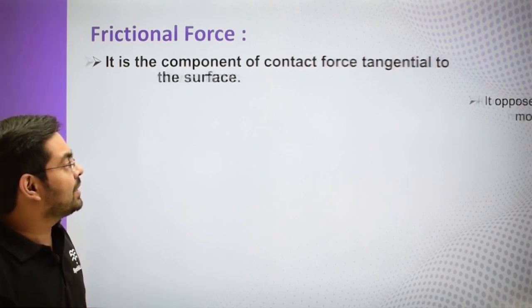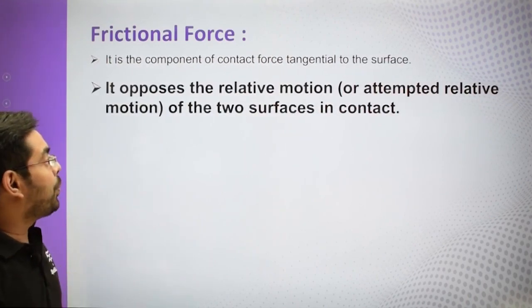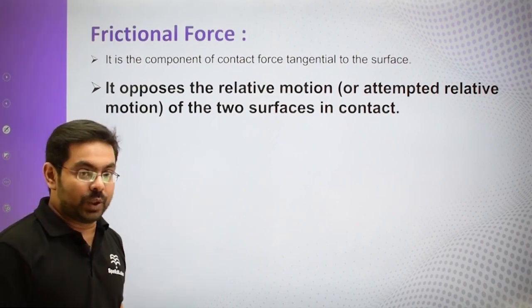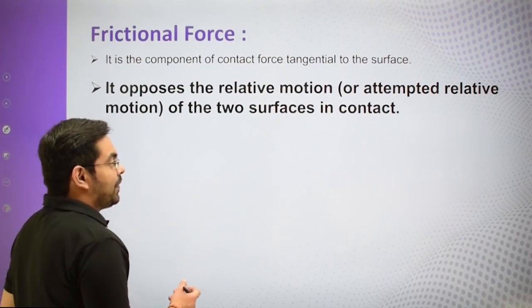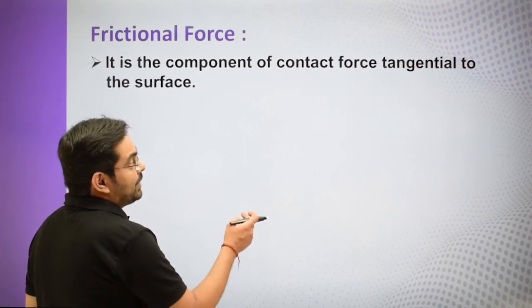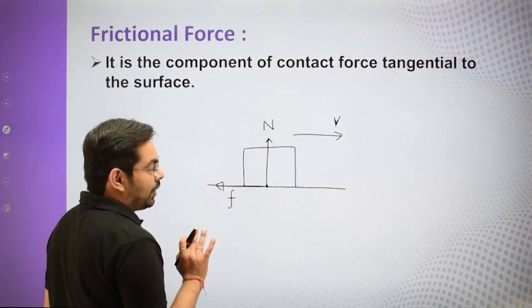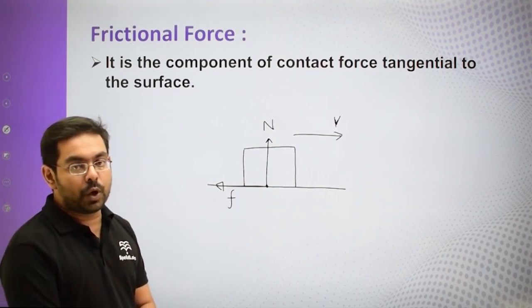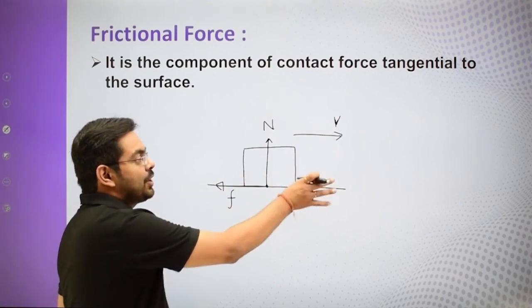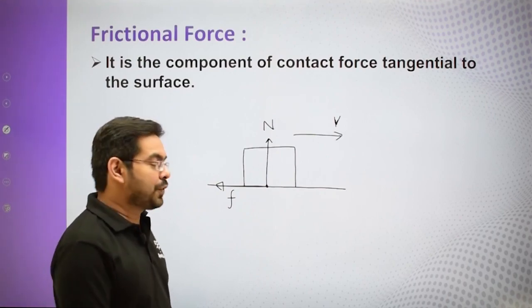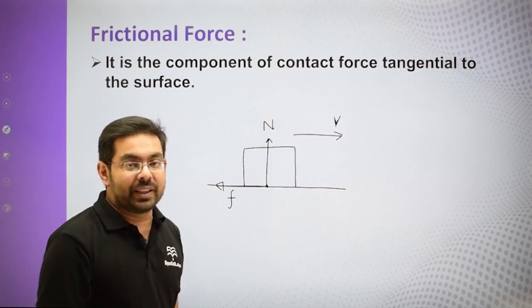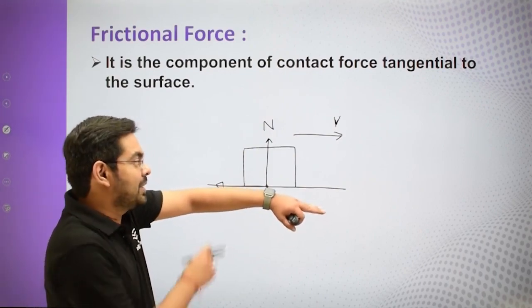Actually what it does is, first read that, it opposes the relative motion of the two surfaces in contact. Like in the previous slide we just saw that these two blocks are in contact, and if this block was not moving, there was no tendency of motion of this block, then this friction would not arise, because there is no tendency of relative motion between the surface and the block.